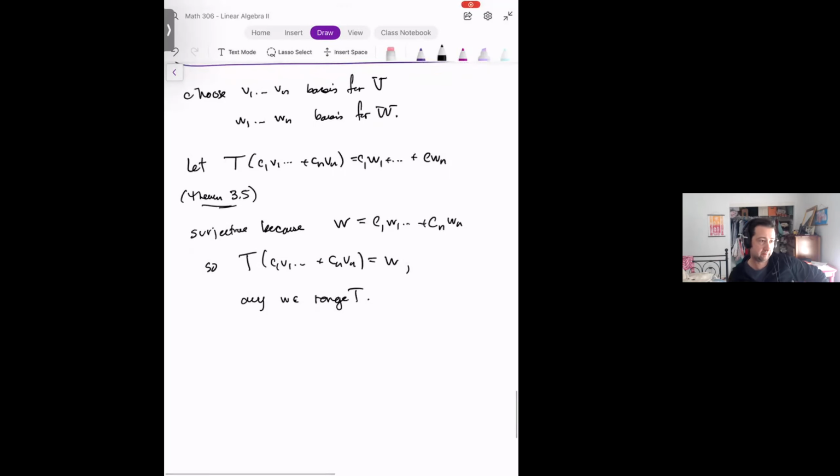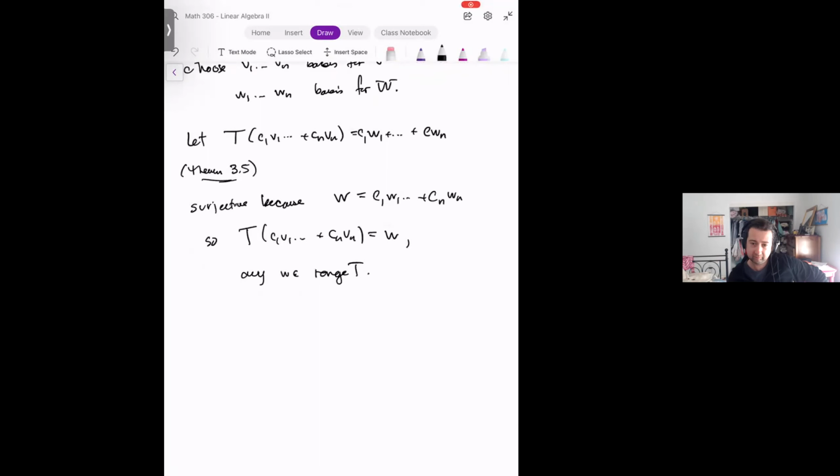Why is it injective? Well, what's the null space of T? So suppose that V is in the null space of T. That would mean that TV, which would be equal to C1 W1 up to Cn Wn, would be equal to 0. What can I say about the C's? Well, the C's must be 0 because W1 through Wn is a basis, and so it's linearly independent.